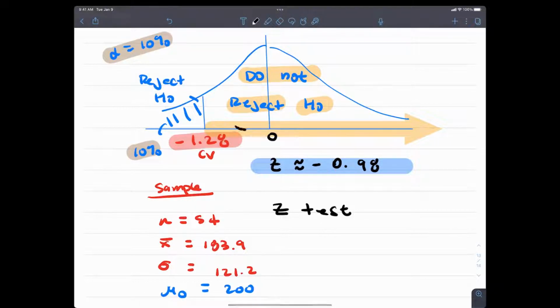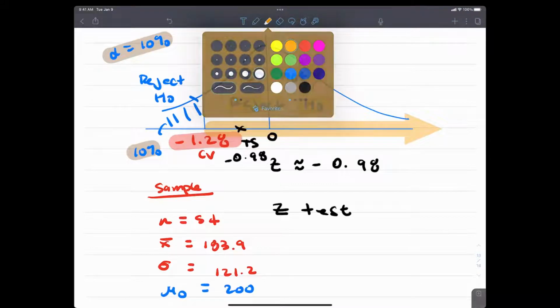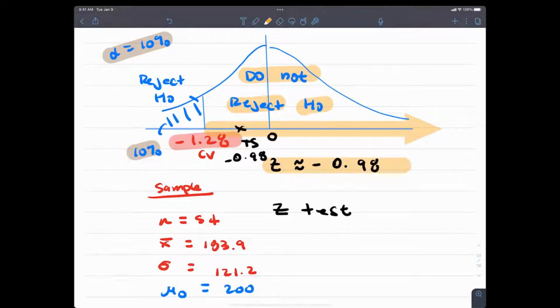That's not even 1. So this is kind of where my test statistic would be. It's 0.98, and it's negative. So where does that live? That lives in the orange region, meaning do not reject the null.